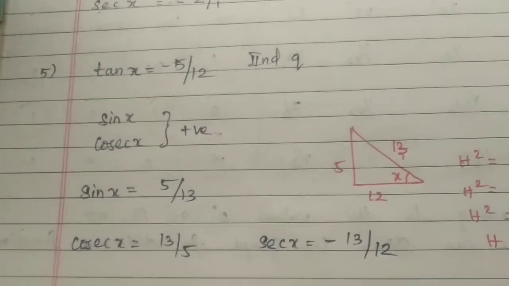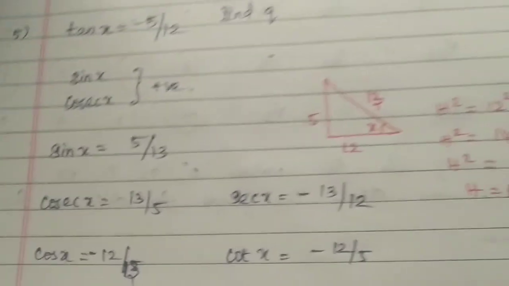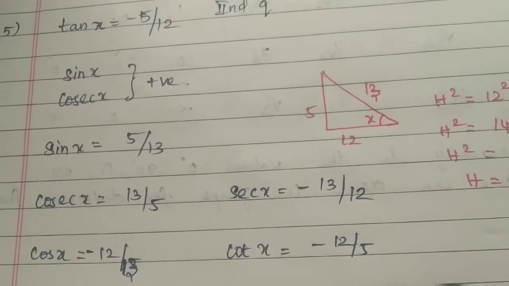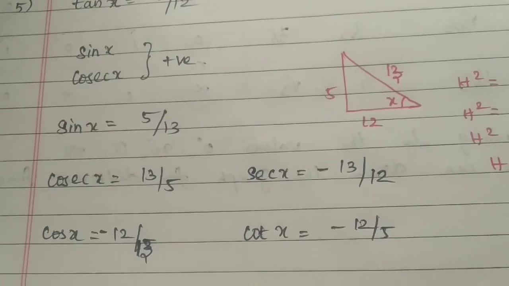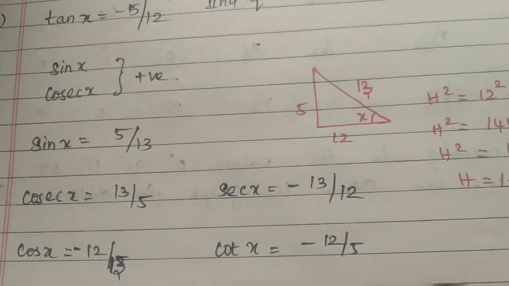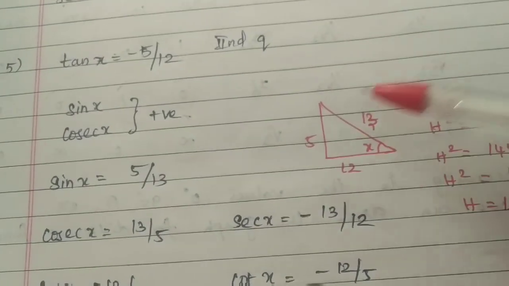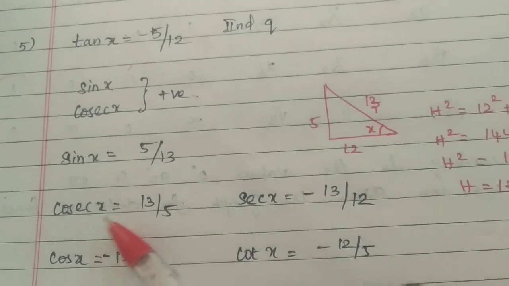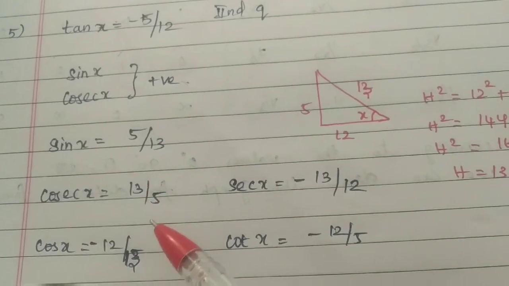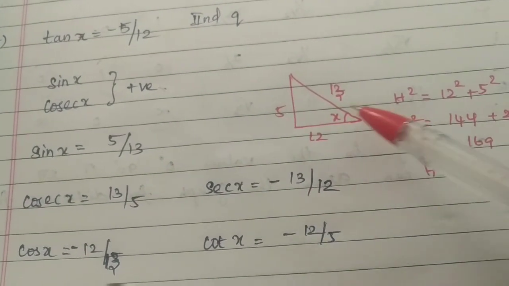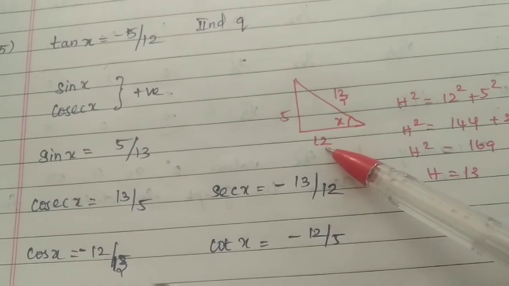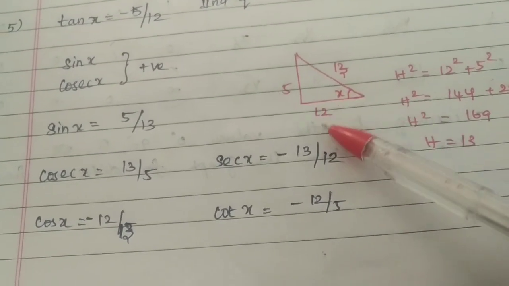And here sin x and cosecant x are positive. Therefore, sin x is opposite side divided by hypotenuse. Opposite side is 5 and hypotenuse is 13, therefore it is 5 by 13. And cosecant x, when you invert it, you get 13 by 5. And cos x, the adjacent side is 12 and hypotenuse is 13, therefore 12 by 13.